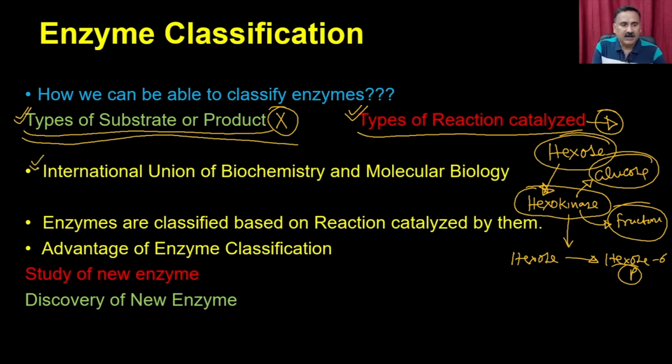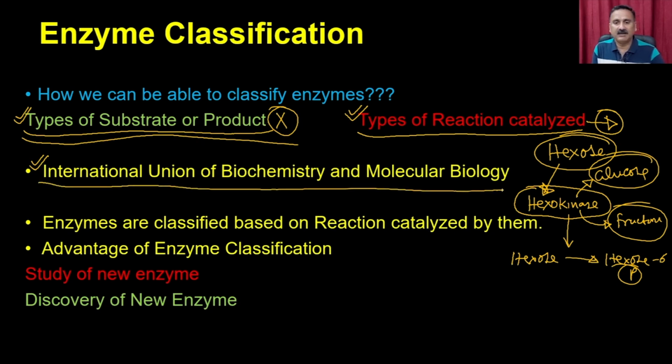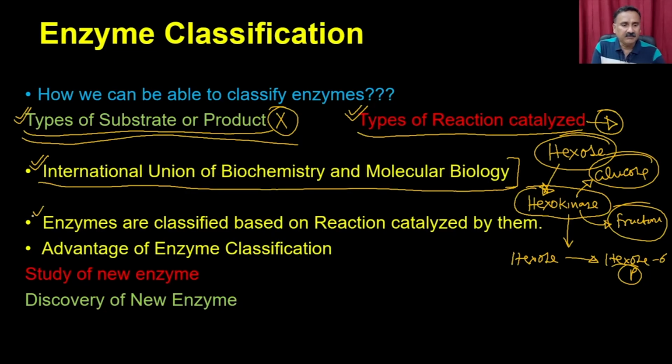The union which performs this task is called the International Union of Biochemistry and Molecular Biology, which is a union of different biochemists and scientists working in this field. They have a set of guidelines based on which they take up the different types of reactions enzymes catalyze, and that's how they classify the different types of enzymes. So enzymes are classified based on the reaction catalyzed by them, okay?